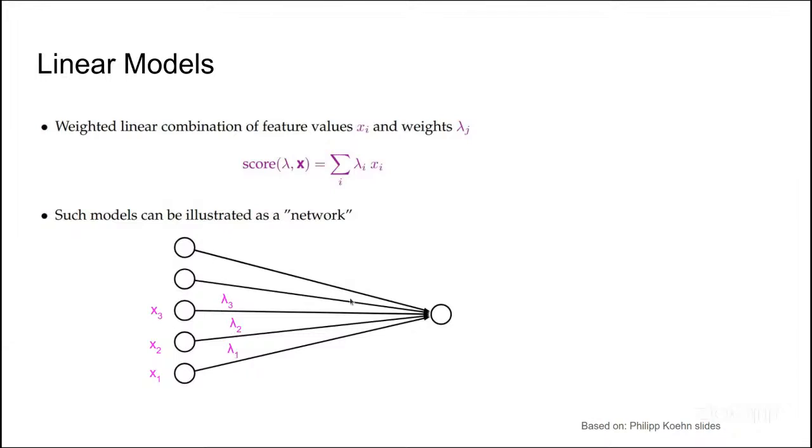This diagram simply represents that you take x1 times lambda 1 plus x2 times lambda 2 plus x3 times lambda 3 plus and so on, and whatever value it takes is the sum of all these values. So this neuron represents the sum of all these inputs. This is what the linear models were.